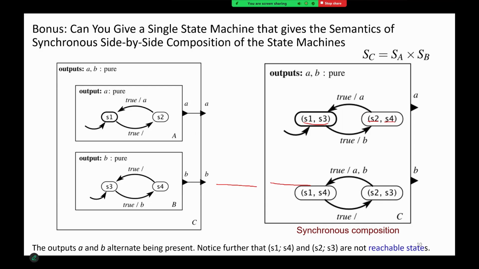One is outputting B, and one is outputting nothing. That's why the combination is true and B. And then from 2, 4, we have true back, which is true in both cases. And one is outputting nothing, and one is outputting A. That's why it's A in the output.